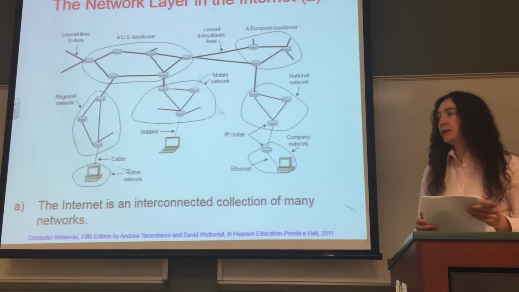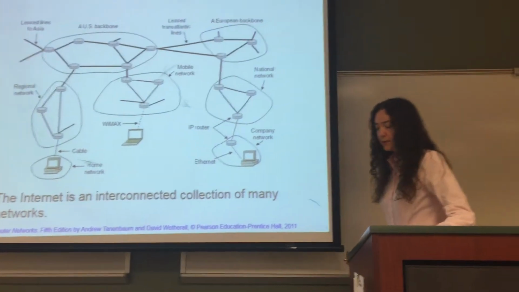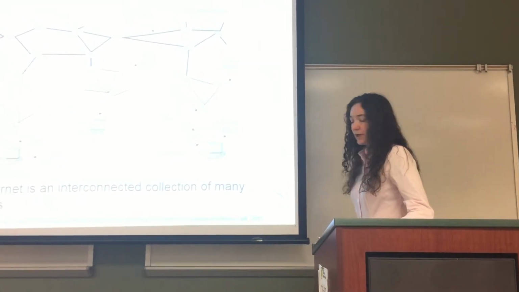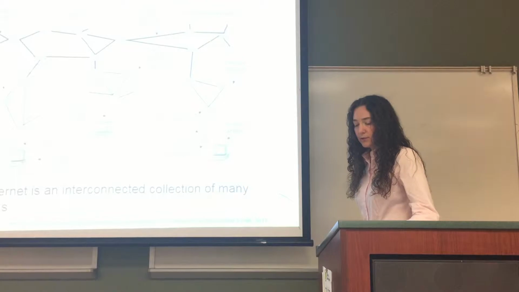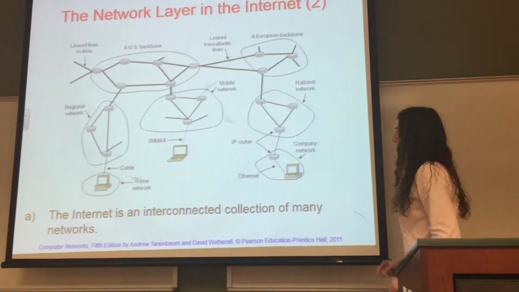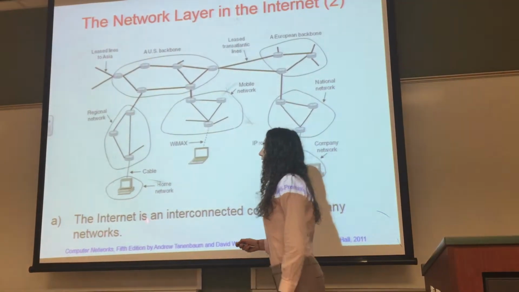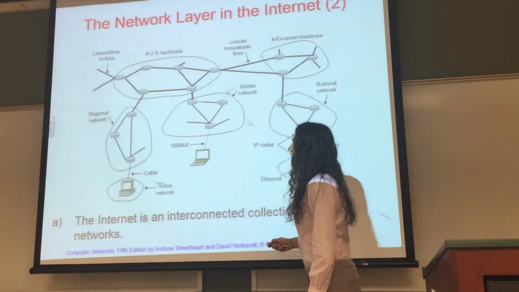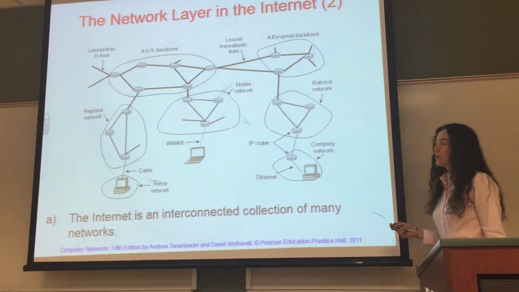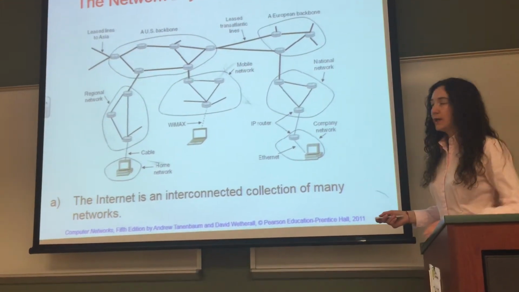This is what we have seen in the presentation earlier as well. So at the network layer, the internet can be viewed as a collection of networks or autonomous systems. So the internet itself is a network of networks. So it connects together many other networks.